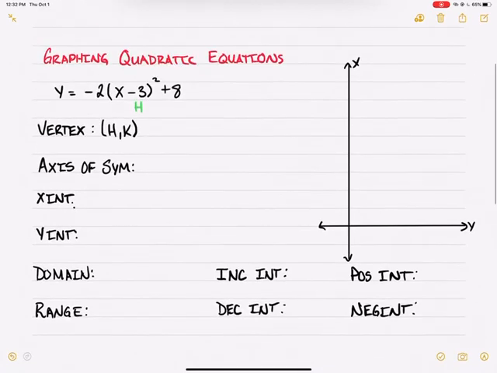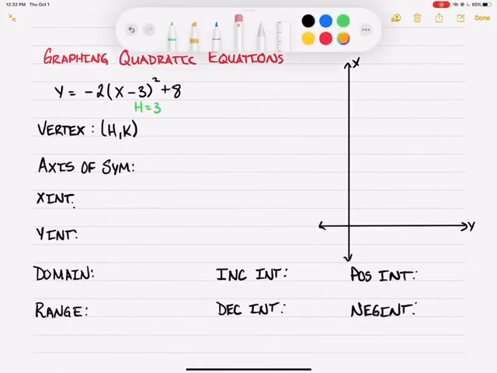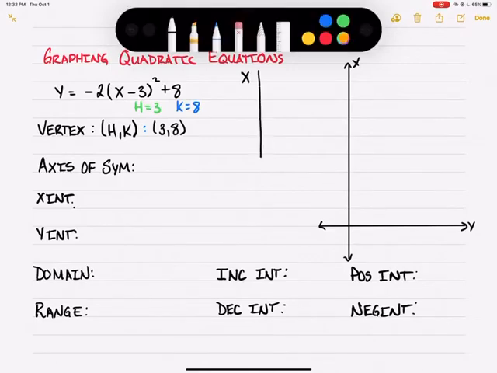My h value is actually going to be a positive 3. K comes from the value on the outside, which in this case is 8. So this means that my vertex is going to be the point 3, 8.